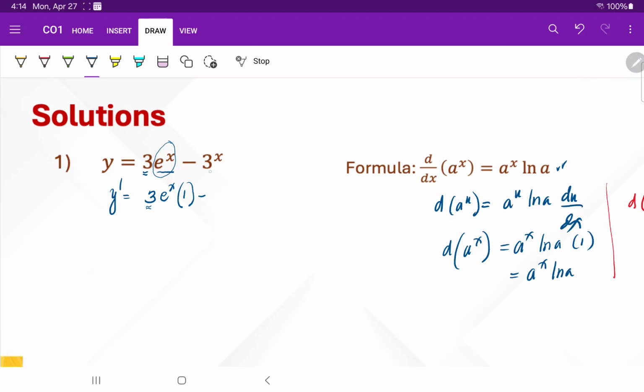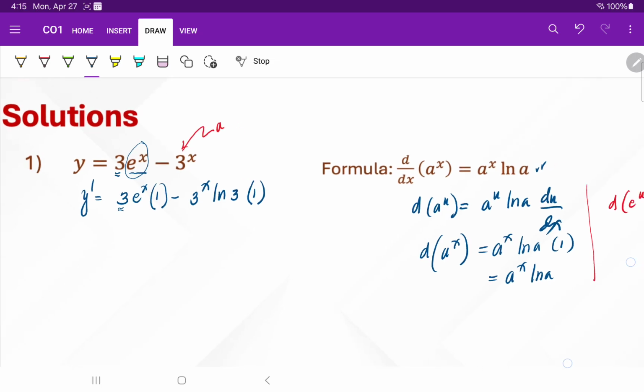So here, what is our a? Let me write it down. This is your a. So we have to use a to the x. So the derivative is 3 to the x ln of a. What is our a? 3, times the derivative of x, which is 1.